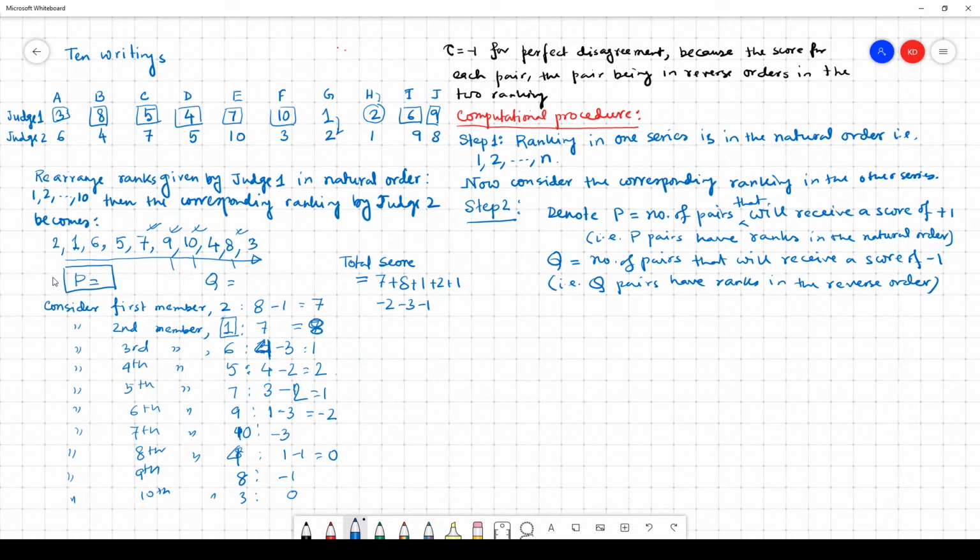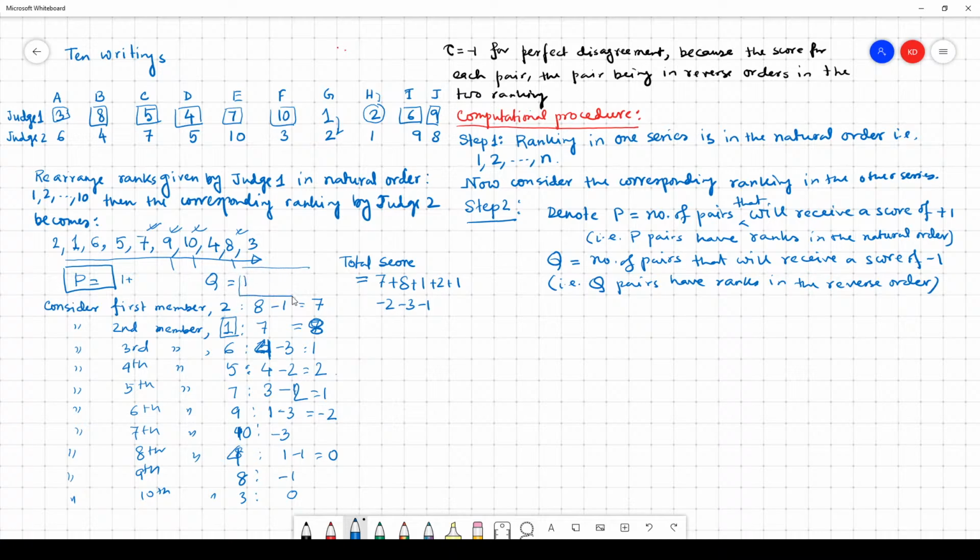Just consider 2, 1. When you consider 2, 1, it should be -1 because it is a reverse pair, so you write 1 for this 2, 1. Now 2, 6, you write 1 here. Just consider tally marks: write 1 plus 1 if it is a natural pair, and if it is a reverse pair, write 1 plus 1 plus 1 in the box Q here.